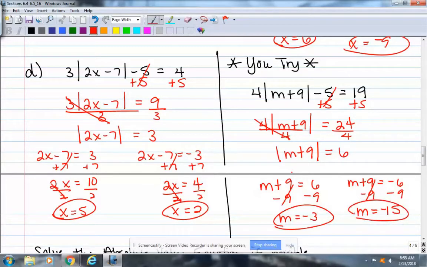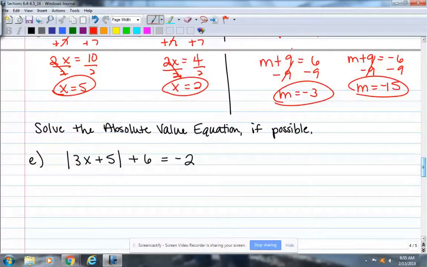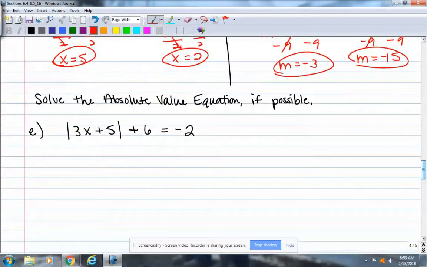Any questions? All right. So the next little thing says, solve the absolute value equation if possible. If possible. So if they say solve it if possible, that means you try to solve it like it is possible, right?